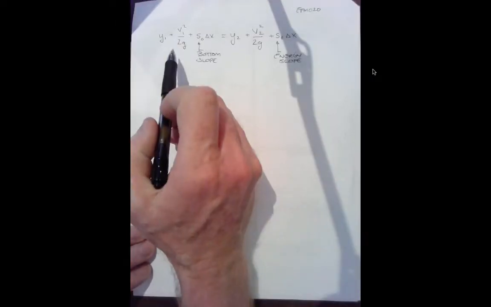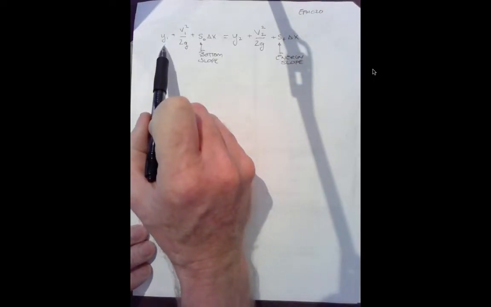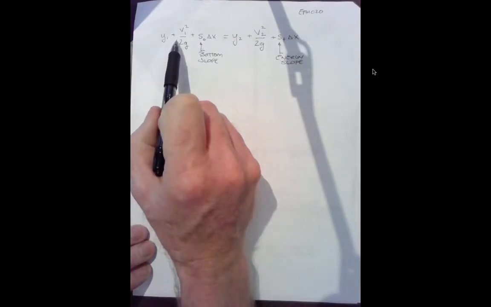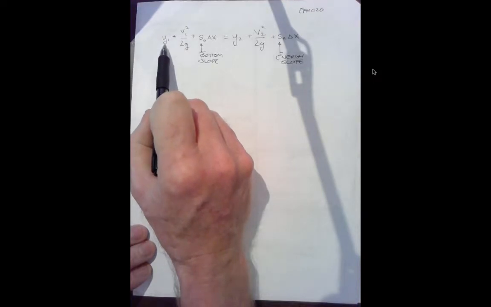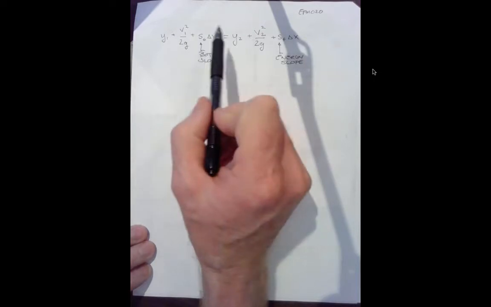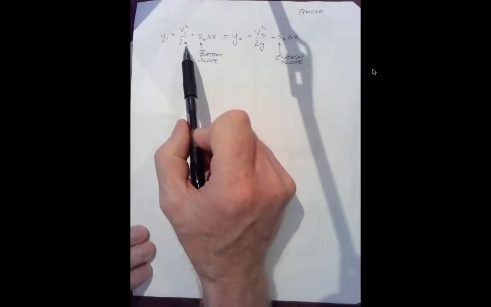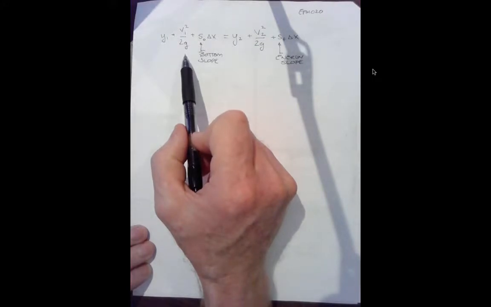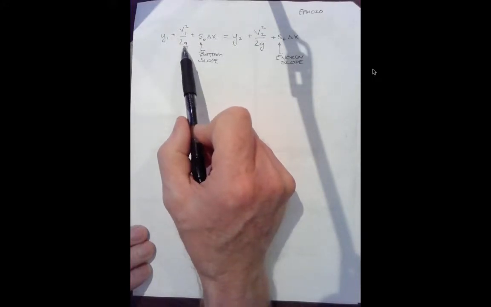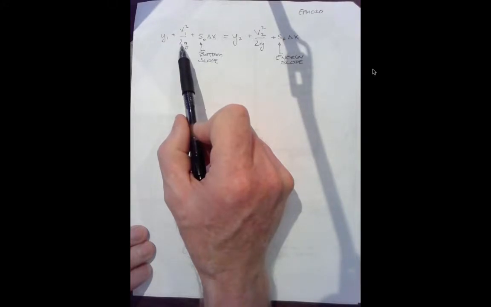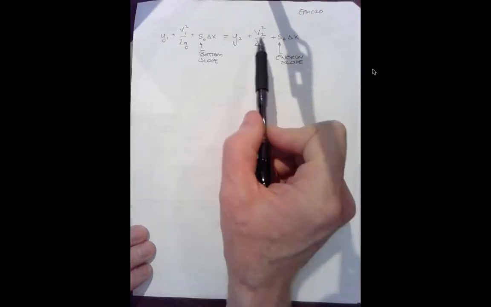So uniform flow was defined earlier as the case where the depth doesn't vary with space, which would imply that y1 and y2 are the same in this equation, and the mean section velocity also doesn't vary with space, which would imply that the velocity head at 1 and the velocity head at 2 are the same.